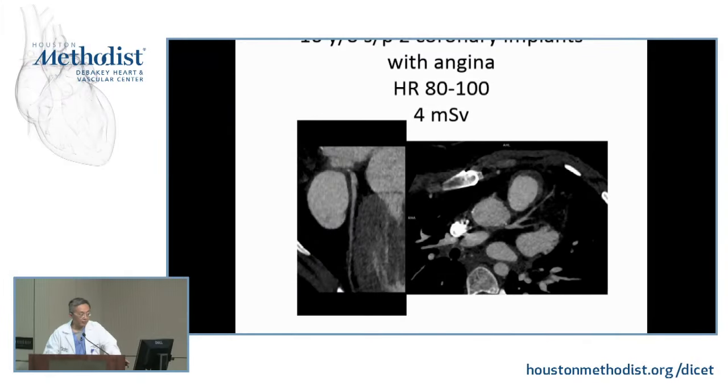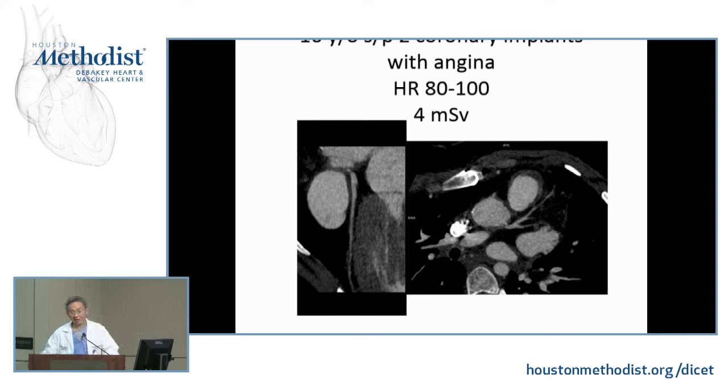But I think this is a very important application for coronary evaluation, especially now that we have a very robust adult congenital program. This is a 16-year-old girl who has single ventricle, I believe, already had coronary implantation. She has angina with minimal exertion, and her heart rate is very high, okay?